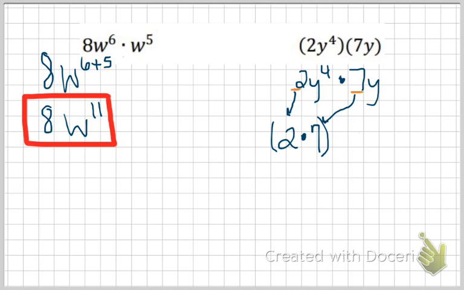Then we can focus on our exponents, and if we look here, they do have the same base. So this is y to the power of 4 times y. Y doesn't have a power that we can see, but you need to know that anytime there is a y, there's a power of 1.